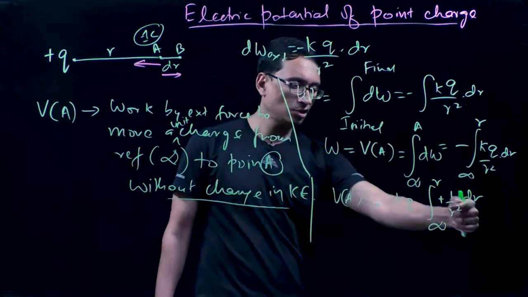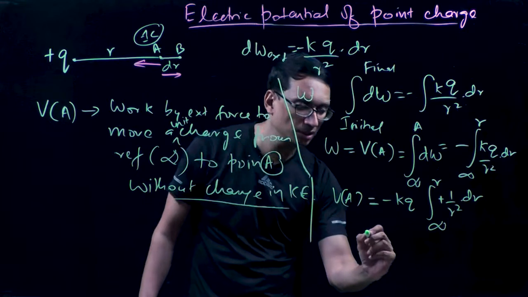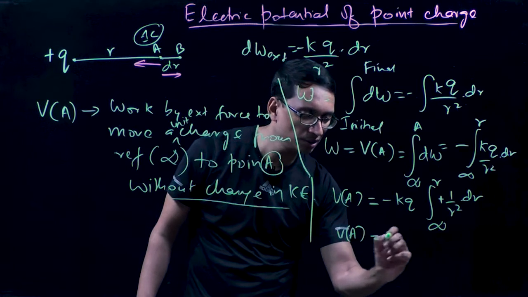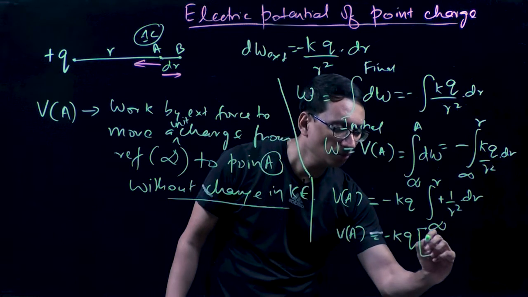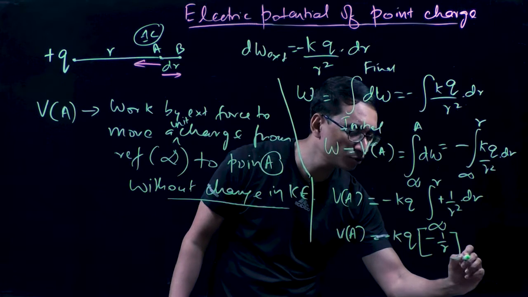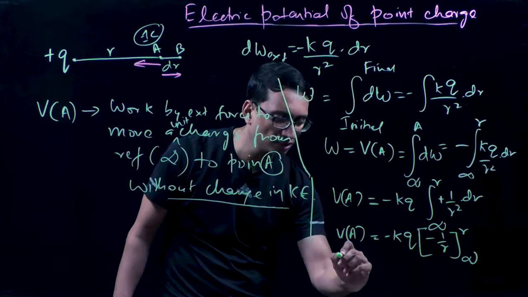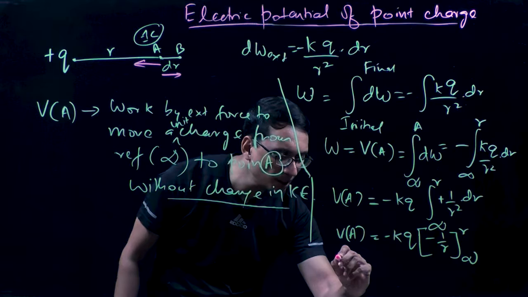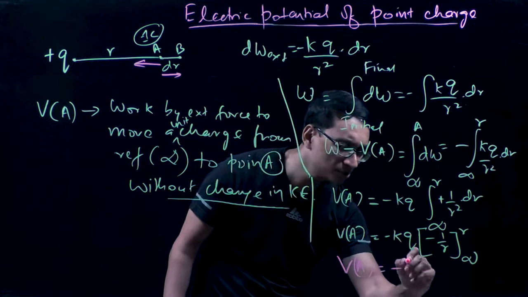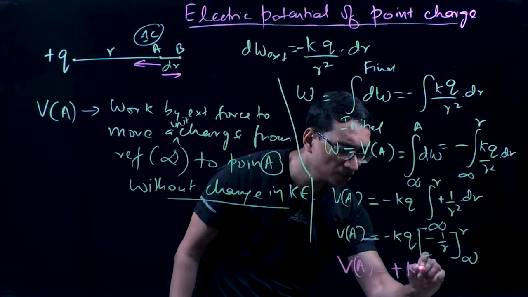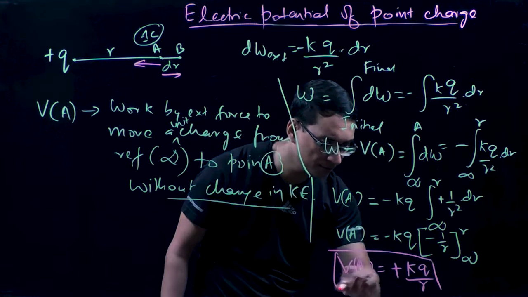This will be R to the power minus 2, so it will be minus 1 upon R. So VA is going to be minus KQ, and the integral of this is going to be minus 1 upon R, with the limits from infinity to R. These two minus signs will cancel. So finally, my VA is going to be plus KQ upon R. This is the electric potential.